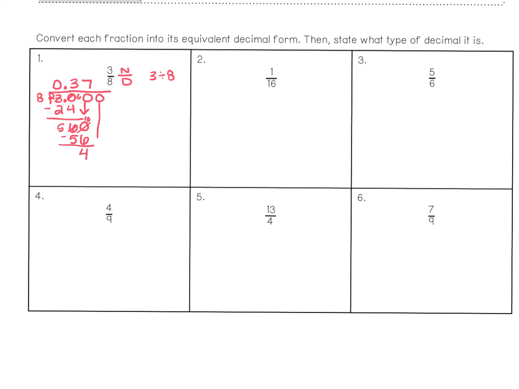I'm going to add another 0. 8 goes into 40 5 times. And now we have a 0 at the bottom here. So I know that I'm finished dividing. My answer is 0.375, and this is a terminating decimal.